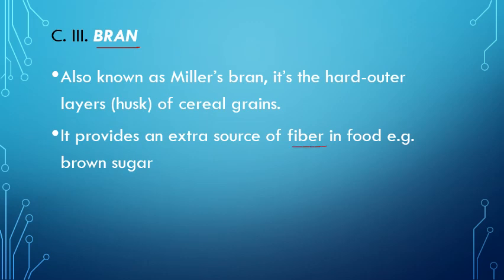So somebody consuming white sugar is simply consuming calories. But another person consuming brown sugar consumes calories and at the same time consumes fiber, which is another class of food. That is more of the reason why they say brown sugar is more healthy and nutritious than our normal white sugar. So take note of that.